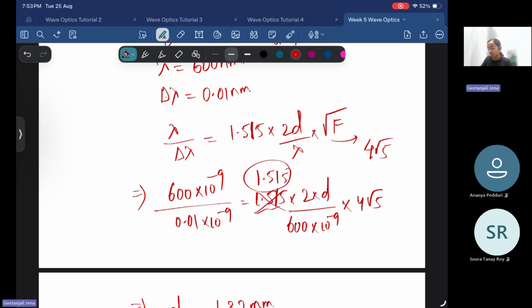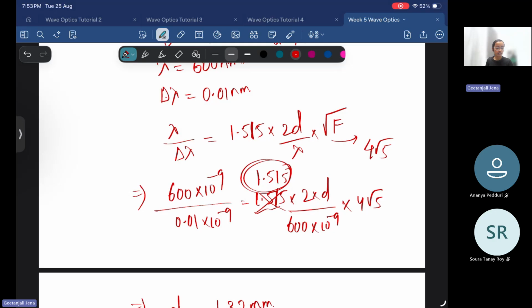So if you recall the calculation of the resolving power, this is the constant factor that we have found after the simplification.